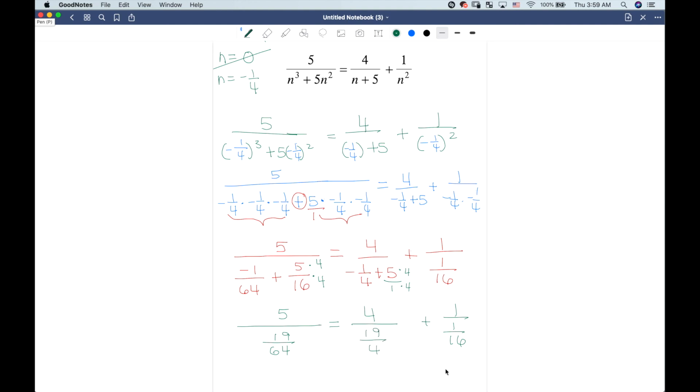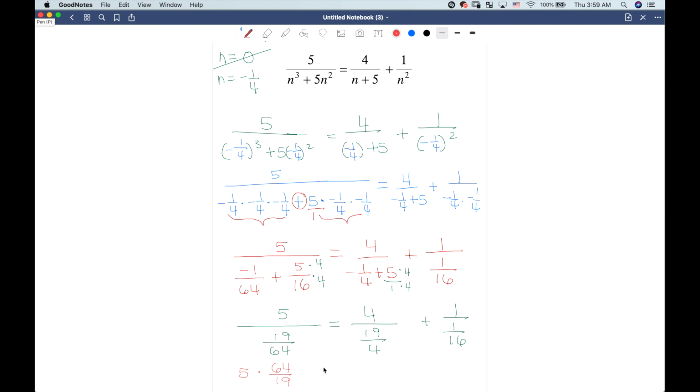Okay. The next rule is when you're dividing fractions. When you divide fractions, that is going to be the same as multiplying it. So leave the numerator alone. Multiply instead of divide. The reciprocal, which is just to flip the fraction over.